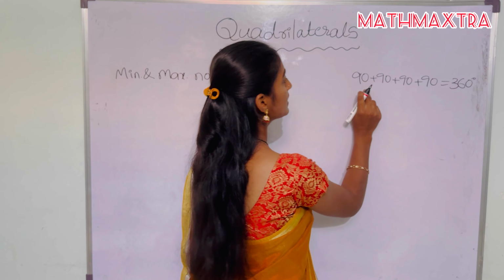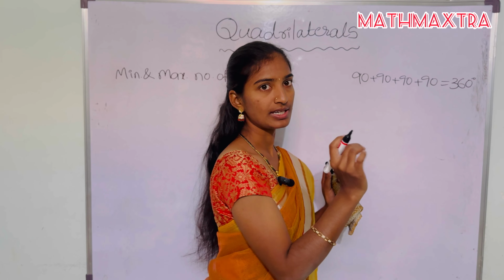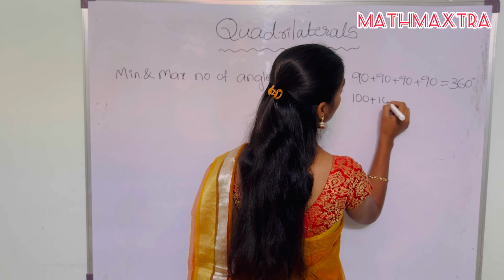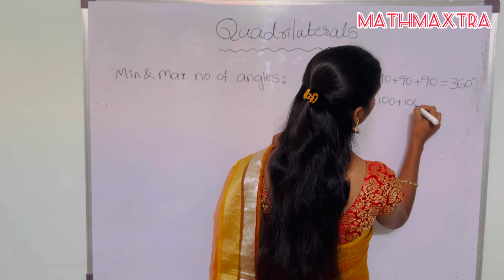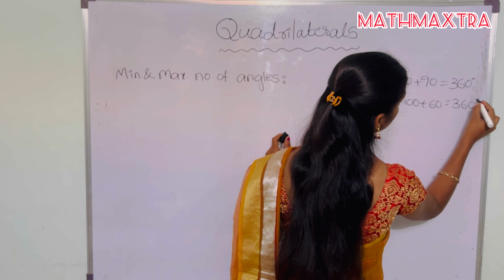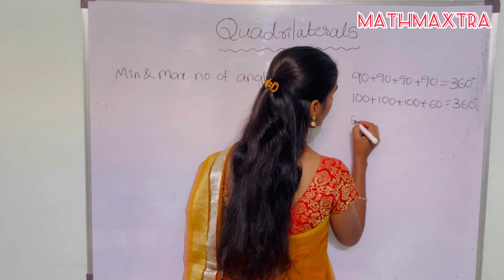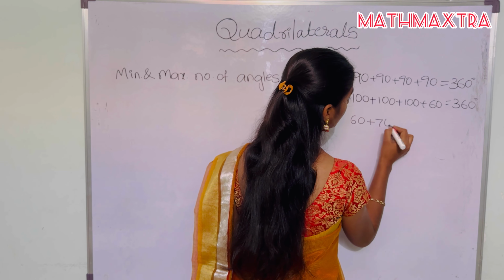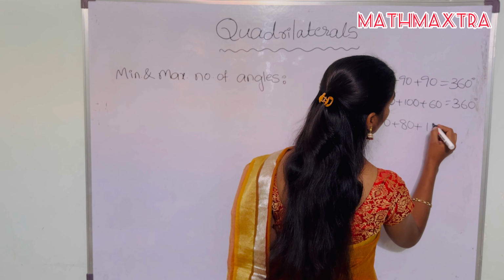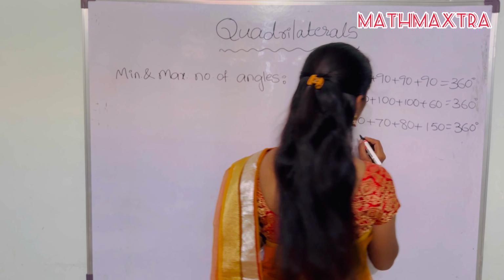In the first case I am considering 90, 90, 90, 90, which is equal to 360 degrees. Another case is 100 plus 100 plus 100, 300, plus 60, 360 degrees. This is one more possibility. And 60, 70, 80 plus 150, which is equal to 360 degrees.